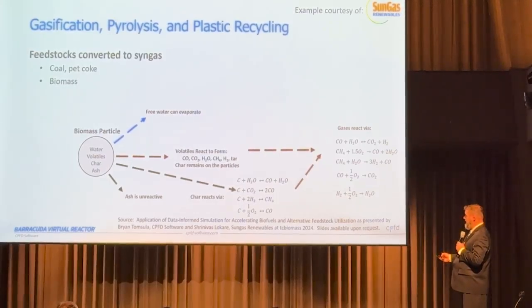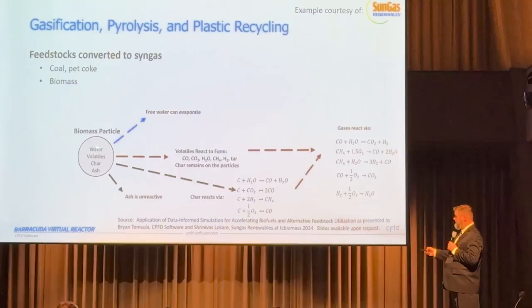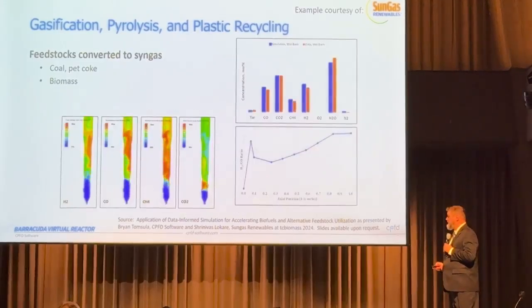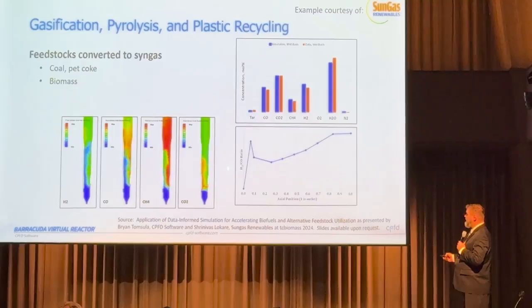And in their model, they had the biomass particle, and they assumed it was multi-component. So they had the water, this is moisture that can evaporate. There were volatiles that Shashank showed that go directly out into the gas phase. Char, which then reacts with the gases, and there's multiple gas phase reactions after that, and some ash that does not react. And we showed this early in the day, where we're looking at the gas composition and so forth.